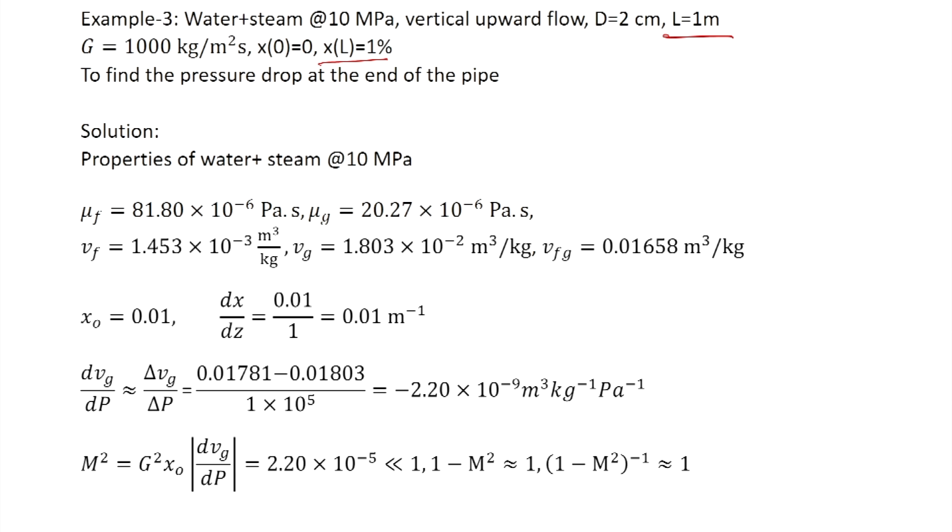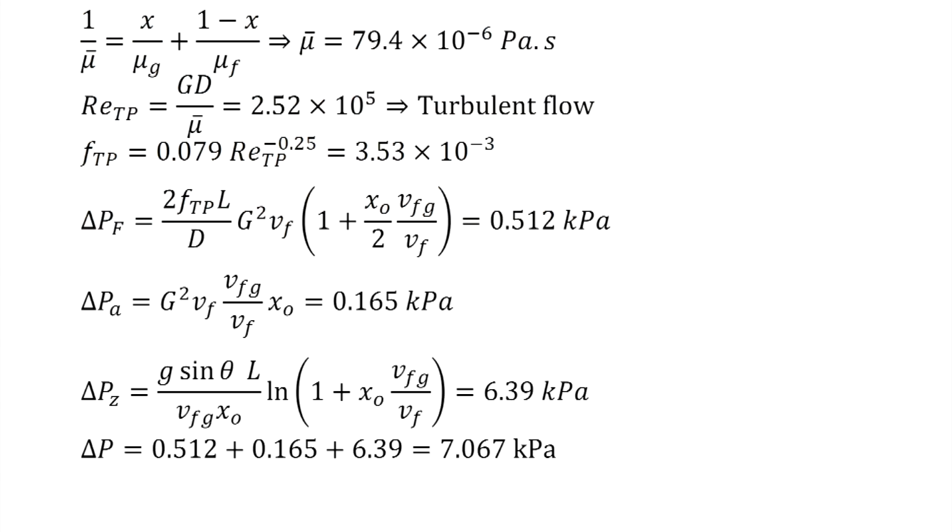Outlet quality XO is equal to 0.01 and dx by dz is equal to 0.01 per meter. So, dVg by dP is calculated and then m square is calculated which is much less than 1. So, therefore, 1 minus m square is approximately equal to 1 and we can use the expressions derived for the pressure drops.